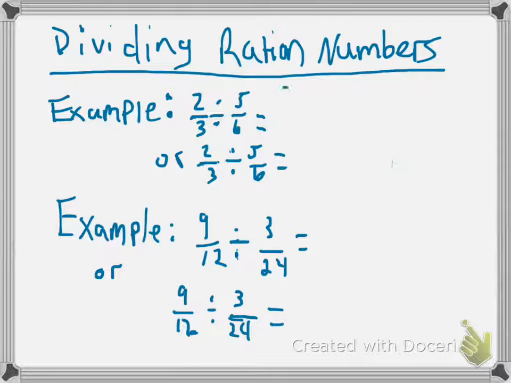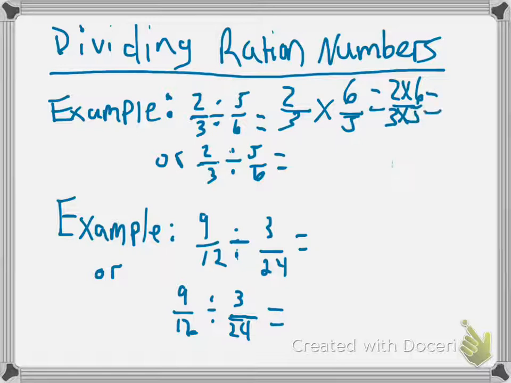And what you do is you do 2/3, and you multiply by the reciprocal, which is 6 over 5. And you get 2 times 6 over 3 times 5, which equals 12 over 15, which equals 4 over 5, because 3 will go into both the numerator and the denominator.